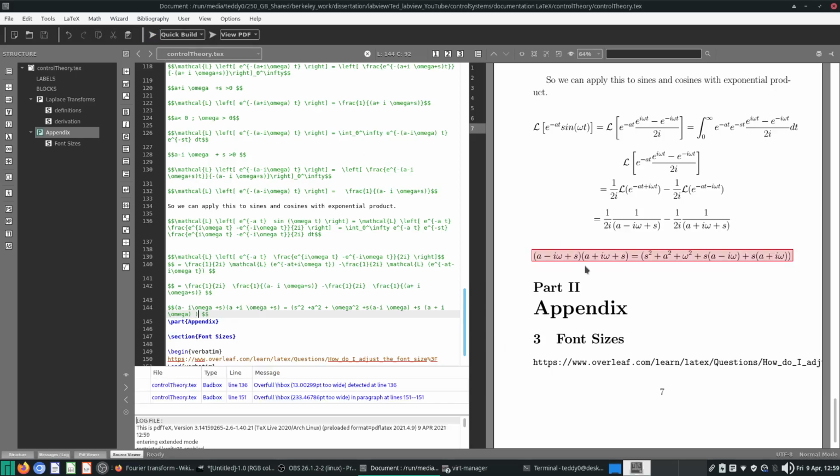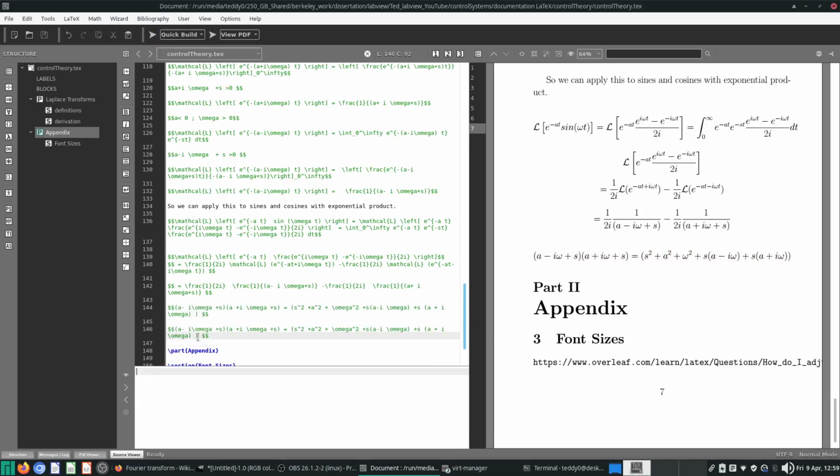So what do we have in the denominator? We have s squared plus a squared plus omega squared, plus a 2as term. The s minus I omega and s plus I omega terms will cancel out.